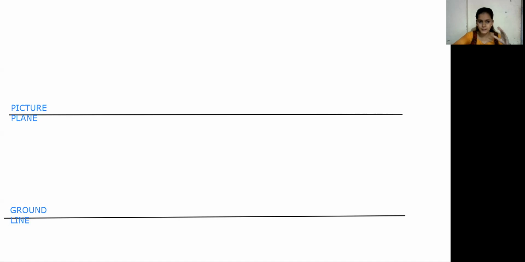Let me repeat the spaces. Above picture plane, we need to draw the plan. For that, we will require 5 to 6 centimeter. So leave 7 to 8 centimeter around space above the picture plane line. Then between ground line and picture plane, we need to draw the perspective view. We are going to draw the perspective view only for the room. We are not going to consider the terrace or the parapet wall above the room.